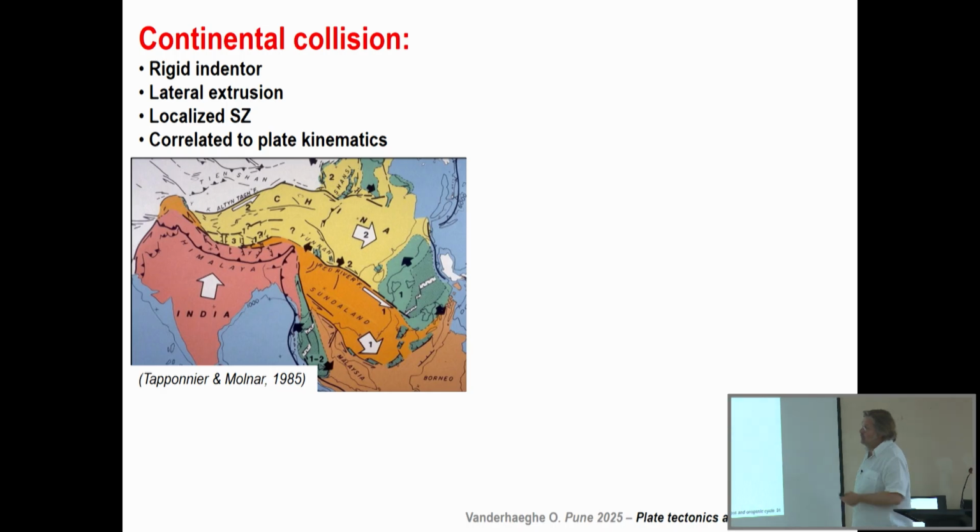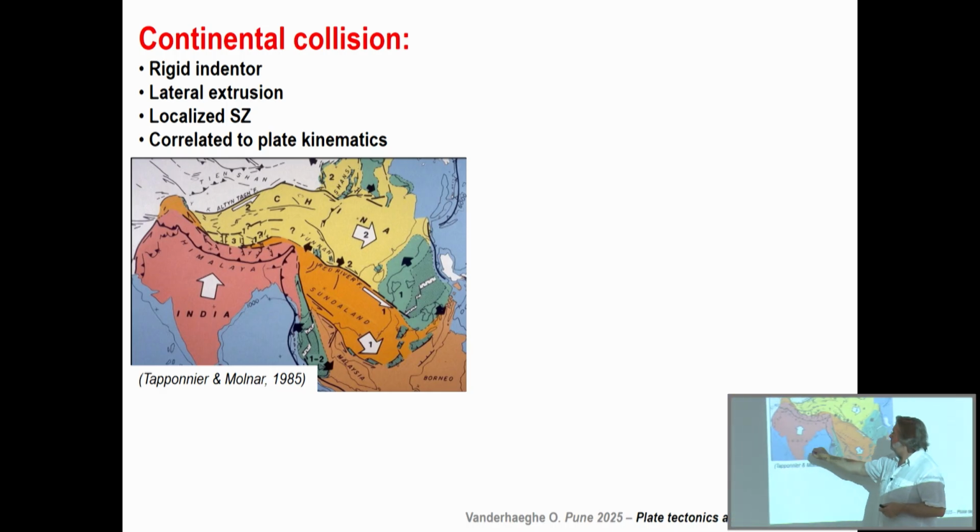So at the time, there was also this idea developed for the Himalayas of indentation, a rigid indenter, meaning that India was strong relative to Eurasia.